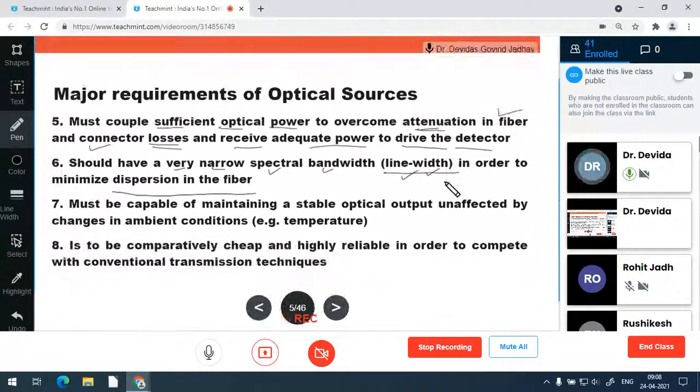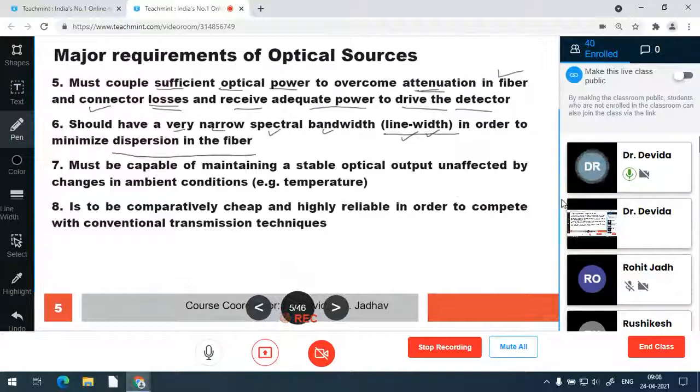Number 7, the source must be capable of maintaining a stable optical output unaffected by changes in ambient conditions, like temperature. This is applicable to all semiconductor devices, because the sources we use in optical fiber communications are semiconductor sources.